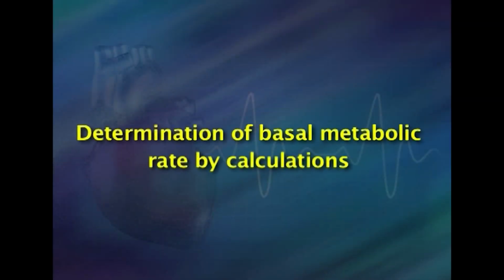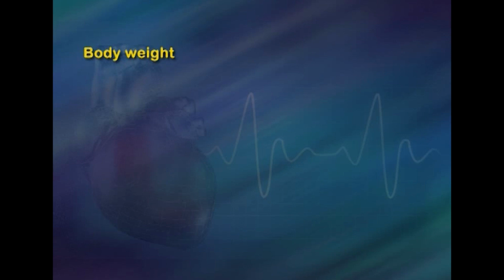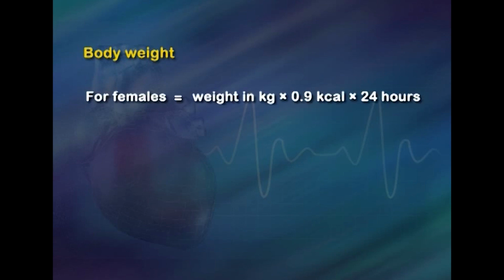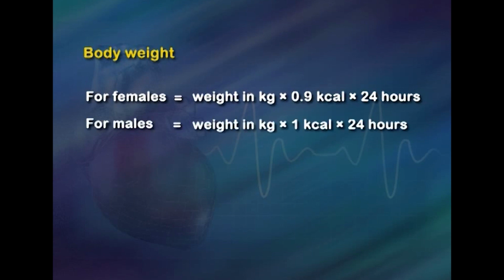Determination of basal metabolic rate by calculations. Basal metabolic rate can be calculated not only by direct and indirect calorimetry, but also by using formulae taking body weight into consideration. So, for females, weight in kg into 0.9 kilocalories into 24 hours, whereas for males, weight in kgs into 1 kilocalorie into 24 hours.